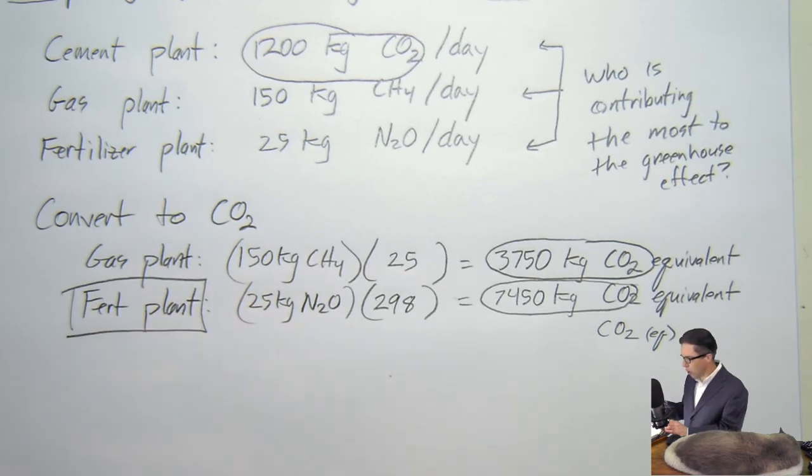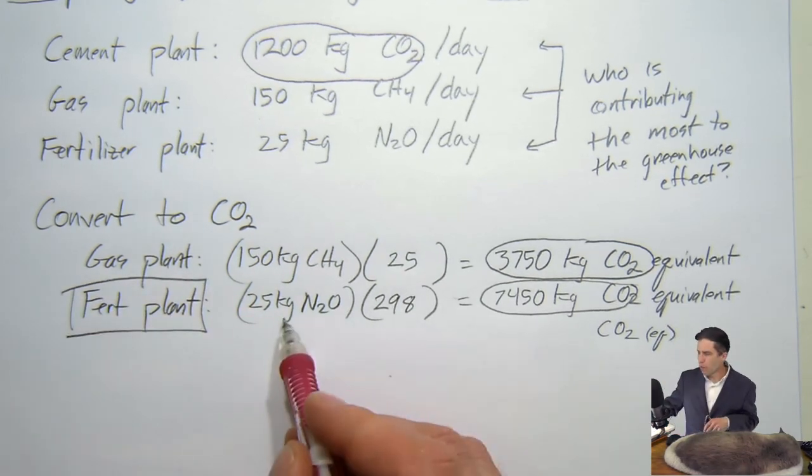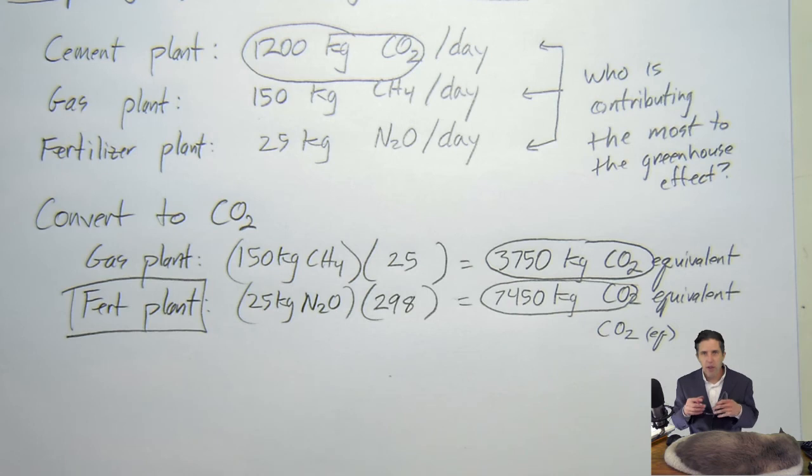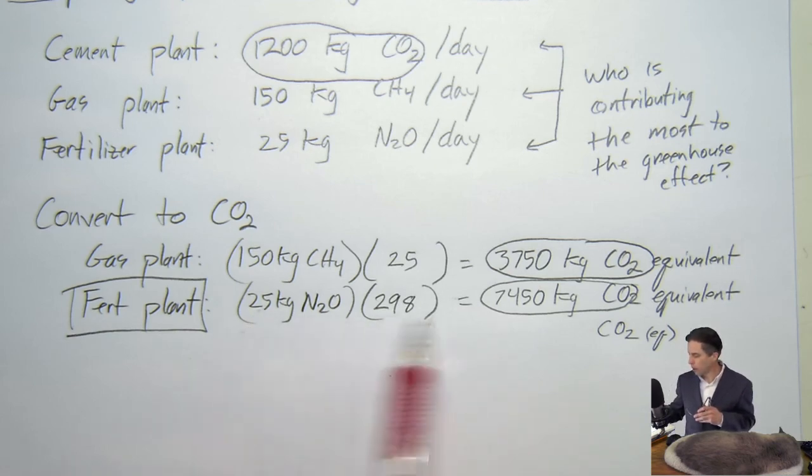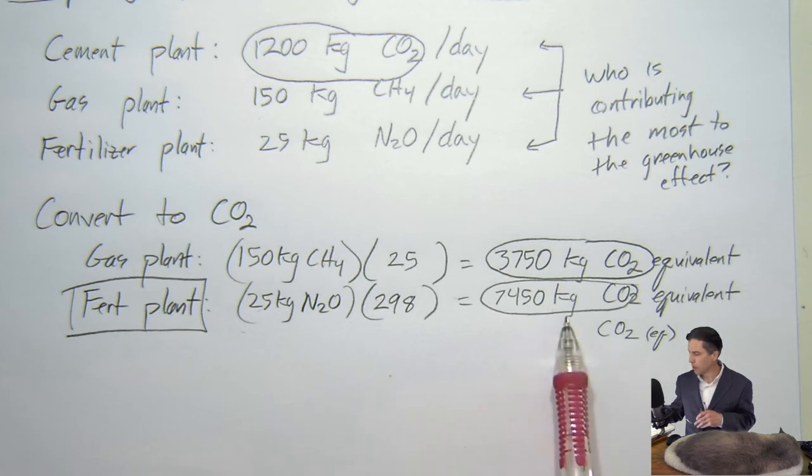Even though it was the smallest overall amount in terms of mass of gases, nitrous oxide gives such a potent greenhouse effect that when you multiply it out times the global warming potential, you find out that it actually makes the biggest contribution. So if you're one of my students, you'll have a couple of these problems to work out this week.